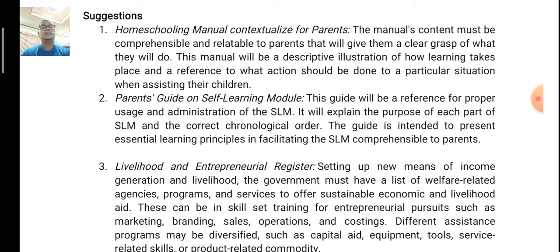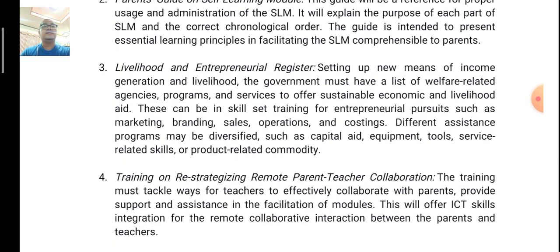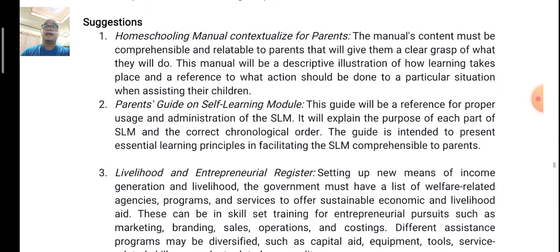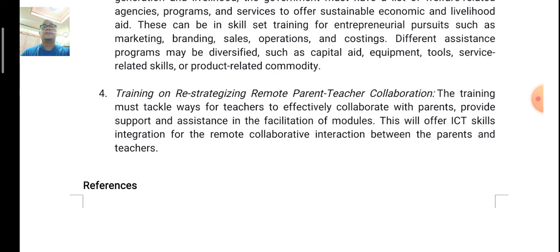In this case, there is a homeschooling manual contextualized for parents, a parents' guide on self-learning modules, a livelihood entrepreneurial register, because there is a component where they have difficulty in economics, then a training on re-strategizing remote parent-teacher collaboration. So practical and tangible suggestions. That's an example.